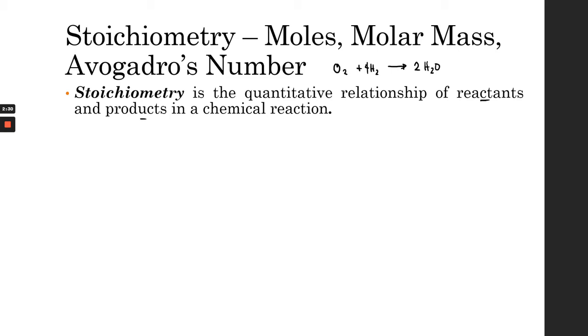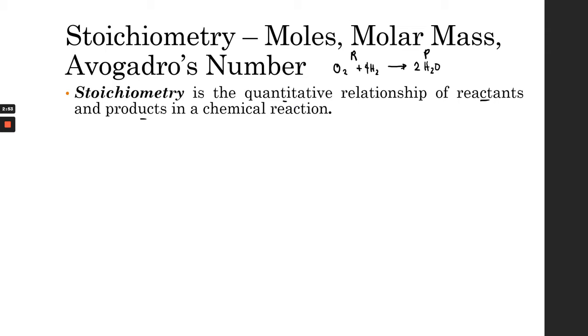Your reactants are the elements you're trying to react together, the ones that you're trying to combine. So in this situation, these are my reactants. And if these two elements react together, I'm creating a product. So in stoichiometry, you want to know the relationship, more specifically the quantitative relationship, the number relationship between these reactants and products.